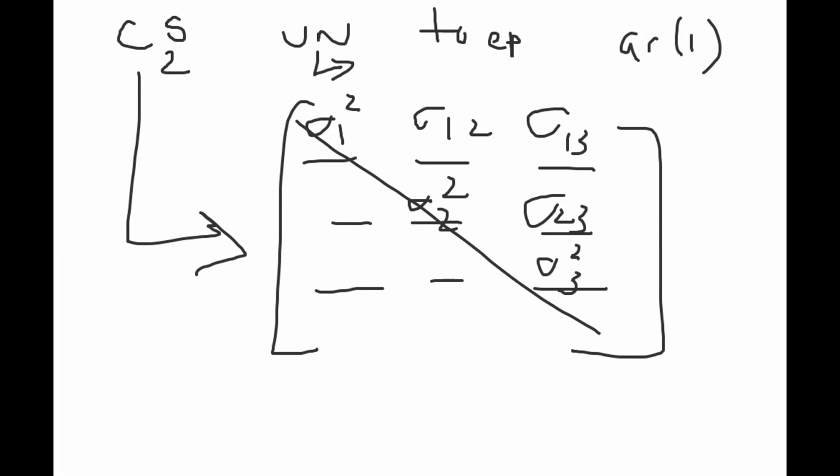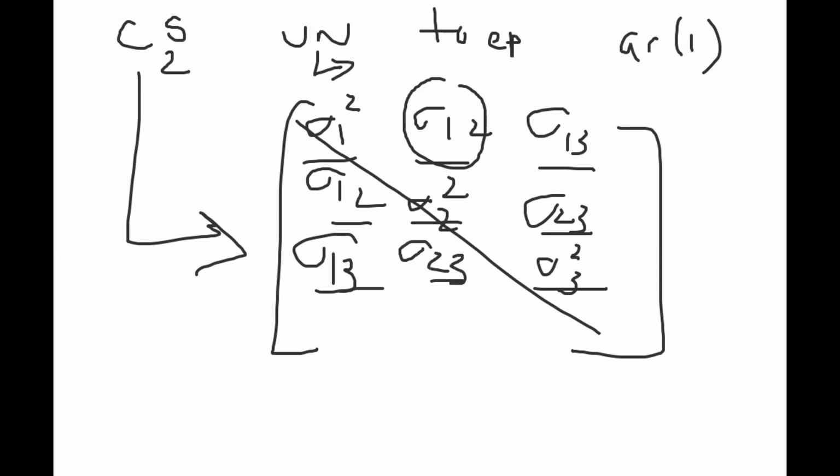So namely, the covariance between time 1 and time 2 is the same thing as the covariance between time 2 and time 1. The covariance between time 3 and time 1 is the same as the covariance between 1 and 3. And then similarly, the covariance between 3 and 2 is the same as 2 and 3. In this situation here, what you can see is we have 1, 2, 3, 4, 5, 6 terms being estimated here.